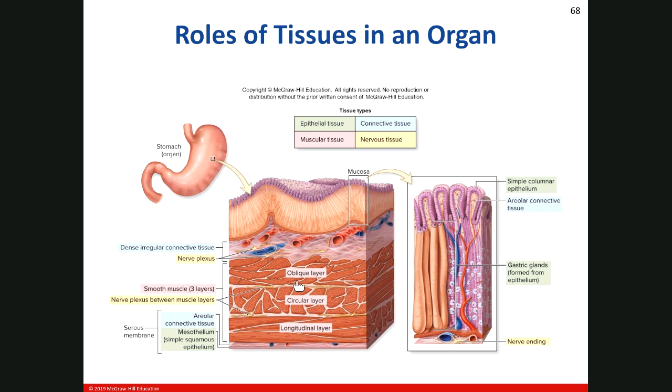Well, what's telling it to do that? The nervous system. The neurons, the nervous tissue, will tell the muscles to contract and relax. At the same time, they're also telling the glands to secrete those gastric secretions into the stomach lumen so you can digest whatever it is that you ate or drank.